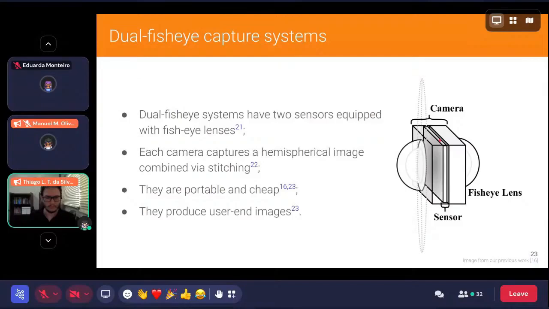The big problem of this kind of device is, as expected, they are not high resolution devices. So they produce what we call here low-end images. It's like 3K, 3.5K by 6K pixels. It seems a lot for regular images, but it's not too much when we're talking about full field of view coverage. Okay.